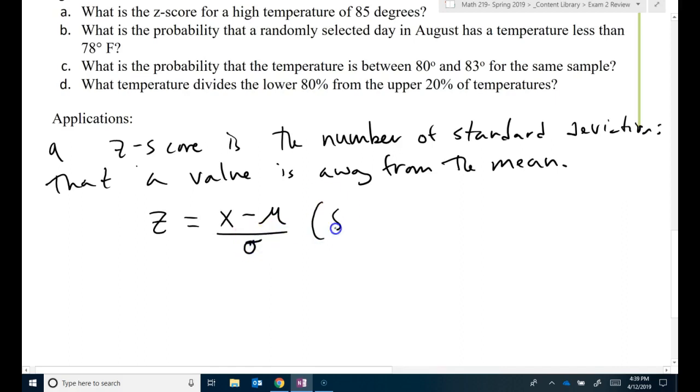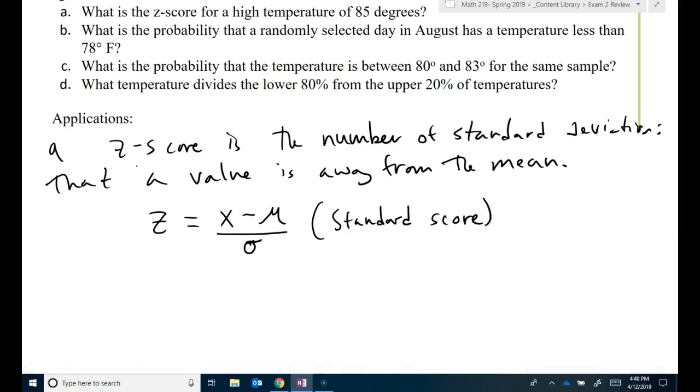This is also called a standard score, or a standardized score. What that means is we've put it into numbers of standard deviations away from the mean, which allows us to use something like the empirical rule, or basically utilize that. It's essentially an integral, right? To solve for the probability of a particular event using the normal distribution.